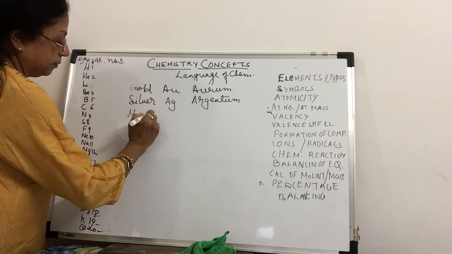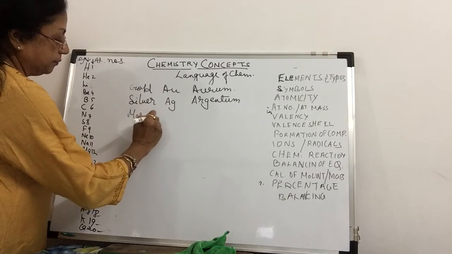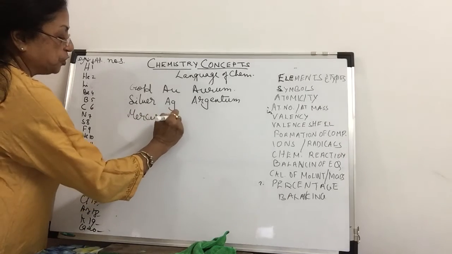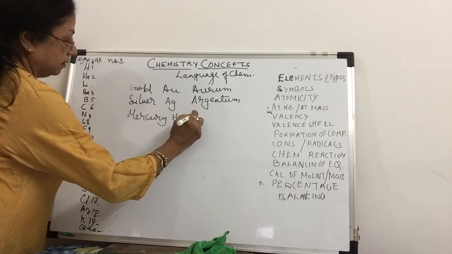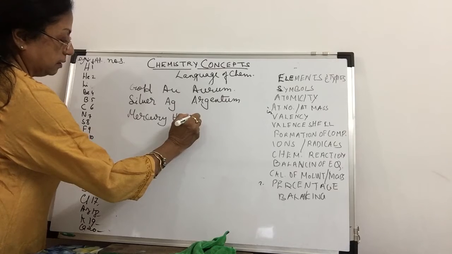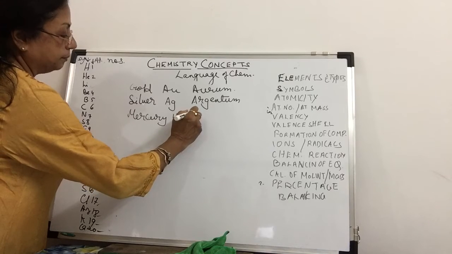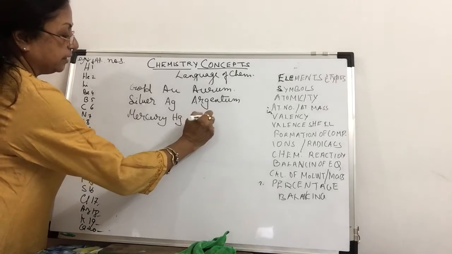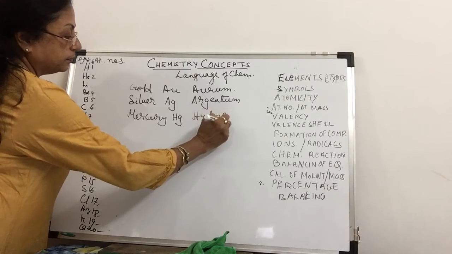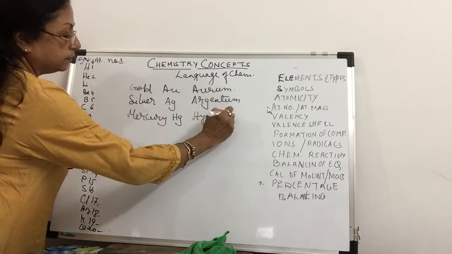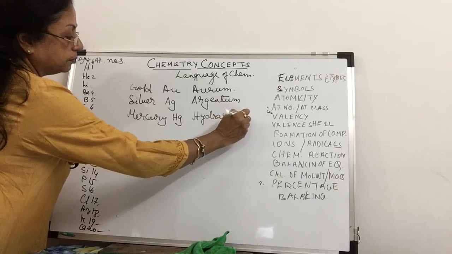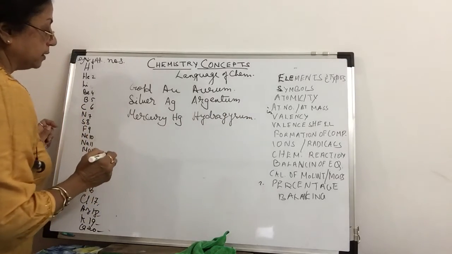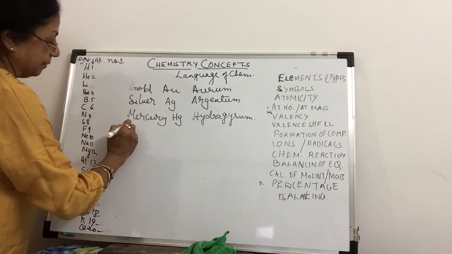Mercury was given Hg, hydrargyrum. Then comes antimony.